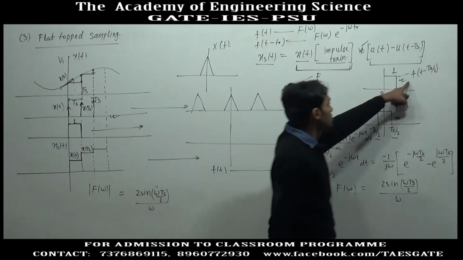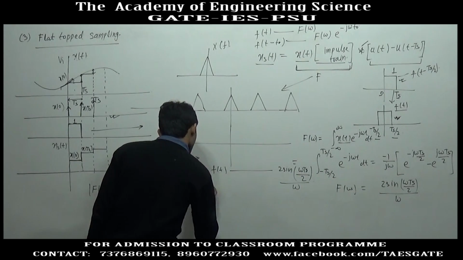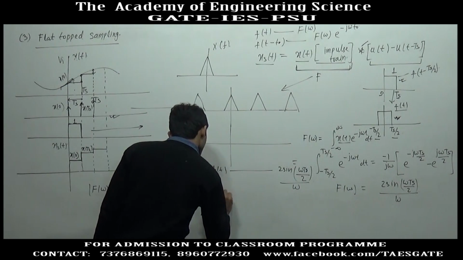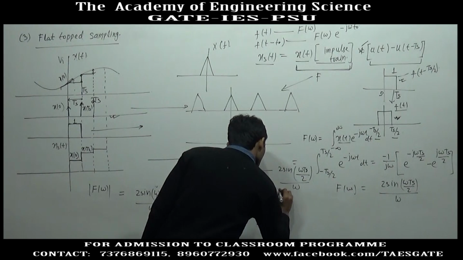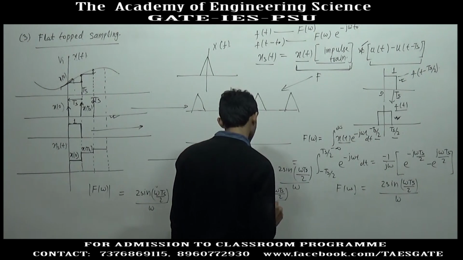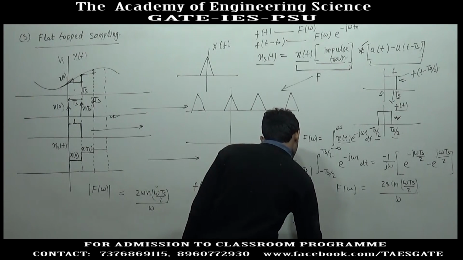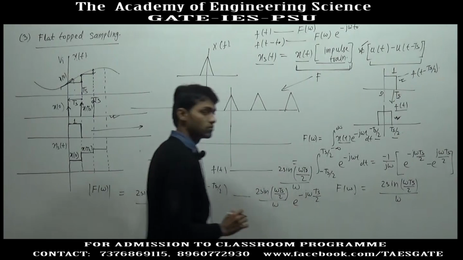So, f(t minus Ts by 2) will have the Fourier transform 2 sin omega Ts by 2 divided by omega into e to the power minus j omega Ts by 2.